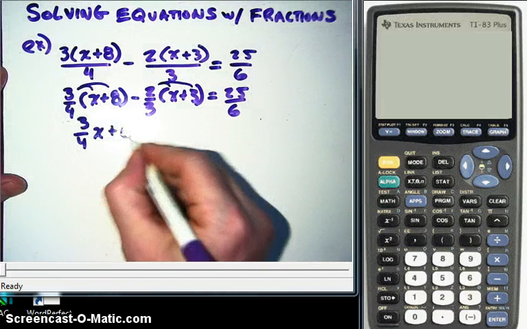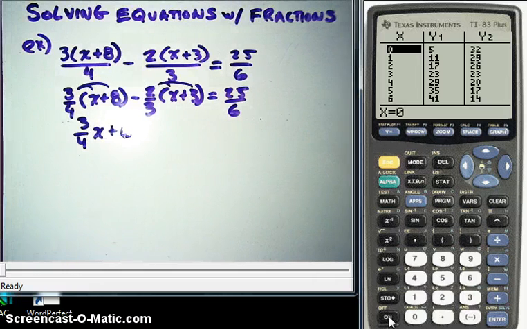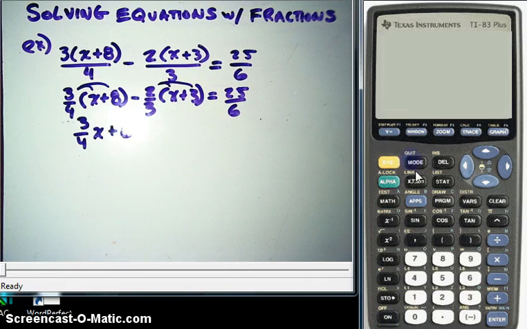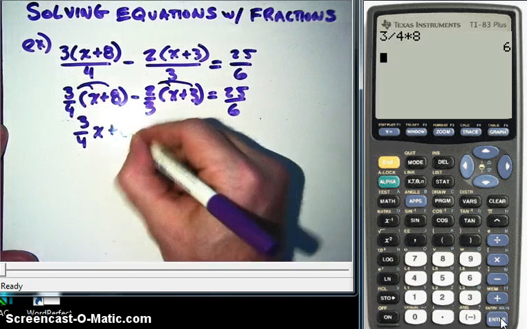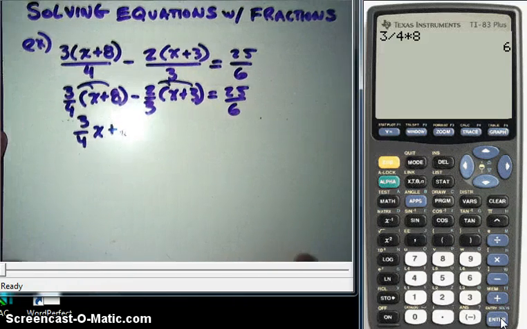So we know this is going to be 6. Another thing that you could do is you could come over to your calculator, go to a blank screen, and type literally 3 divided by 4 times 8 and get this number. In this case, it turns out to be 6. That's a 6.